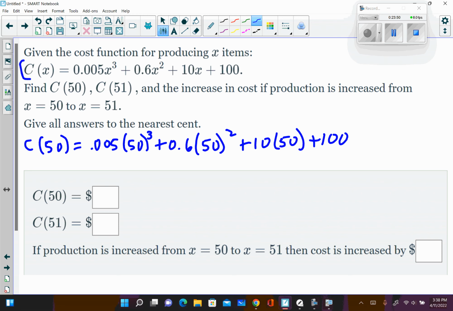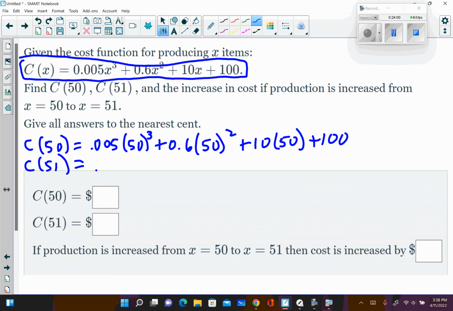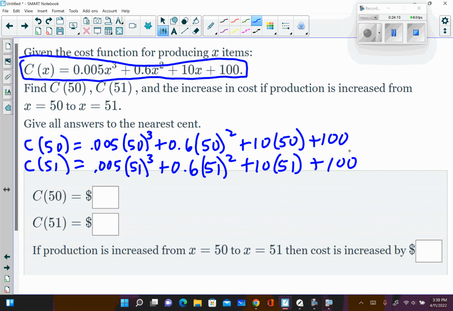Everywhere there's an X, I'm putting 50, and we'll get an answer for this. And then C of 51 is going to be 0.005 times 51 cubed plus 0.6 times 51 squared plus 10 times 51 plus 100. So I'll put those in my calculator.